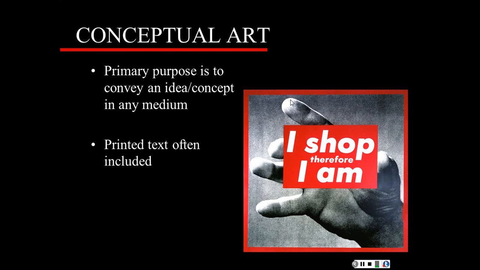So Barbara Kruger is the artist that created the work that you see here. She did a whole series of works, and again we'll see other images of her work in a later lecture, about feminism and about what defines a female, whether we define ourselves that way or whether society is imposing certain definitions on us.